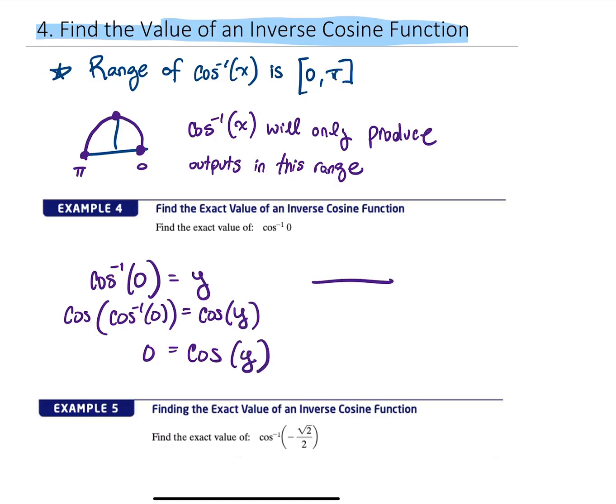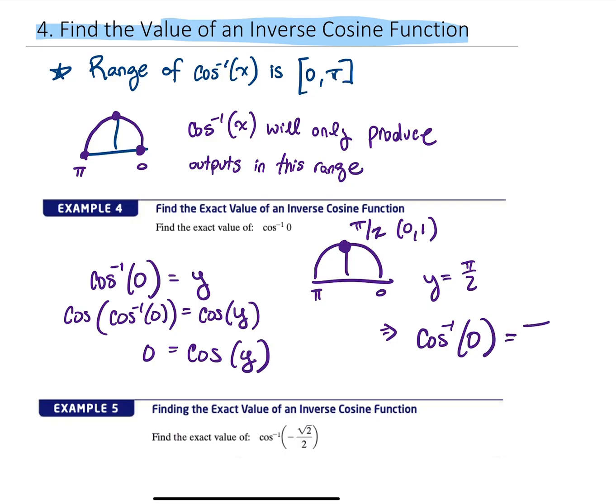Well, on our restricted range, we're between 0 and pi. The point that has a cosine of 0 will be here in the middle at pi over 2. That's that coordinate point again, 0, 1. It has a cosine value of 0. So that's what our statement should be equal to. You can say y equals pi over 2. So therefore, the inverse cosine of 0 equals pi over 2. That's the angle that produces a cosine value of 0.